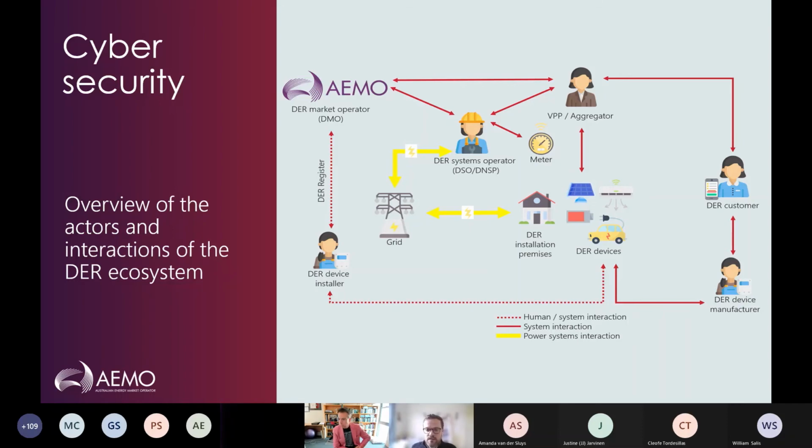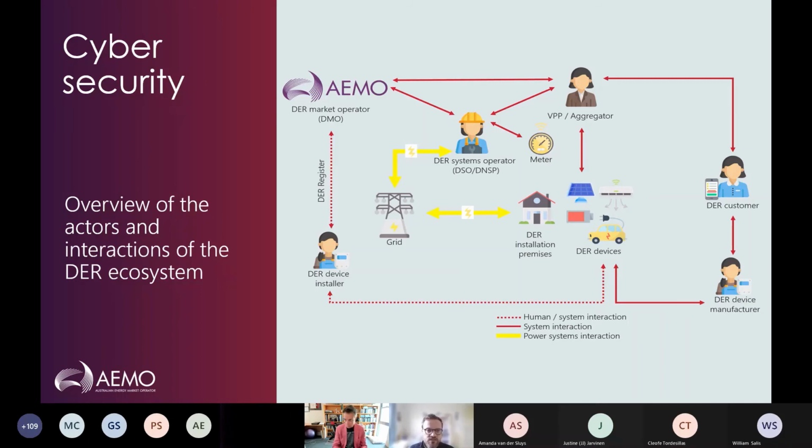They've recently published an Australian implementation guide for 2030.5. We can maybe dig that up and put a link to that in the chat in a few minutes. I think that is very worthwhile. But in terms of future communications with AMO, we're not specifying 2030.5 at the moment, but it's certainly something we're considering. So we'll just move on to cybersecurity.